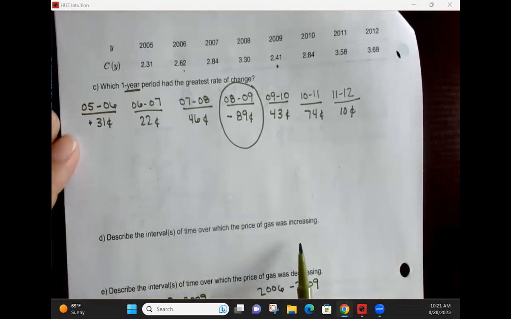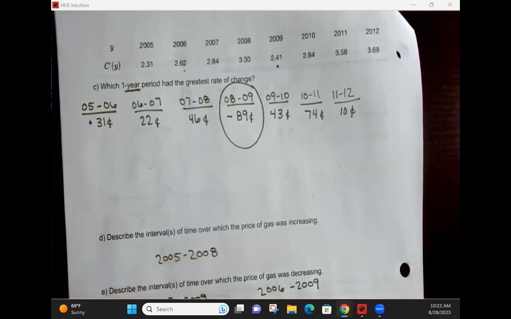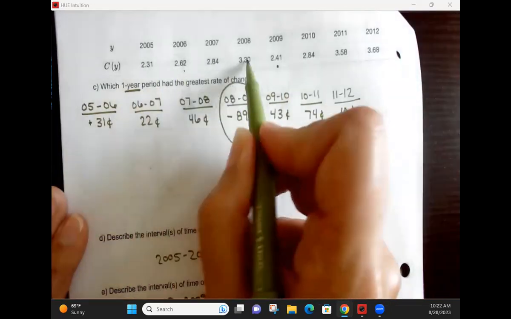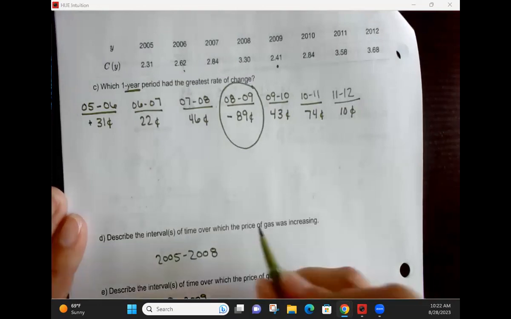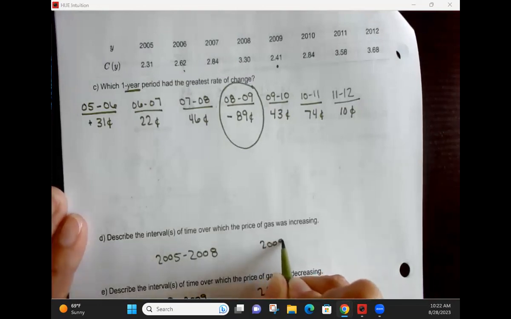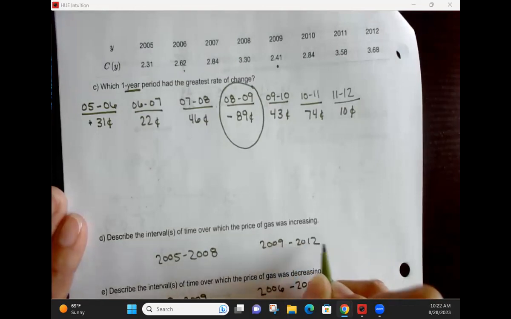When was gas increasing? Somebody give me an example. 2005 to 2008. Are we comfortably increasing from 2005 to 2008? Are we increasing over every period, even from 2005 to 2008? Sure. Higher, higher, higher. What's another period of time when we're increasing? There's more than one. 2009 to 2012.